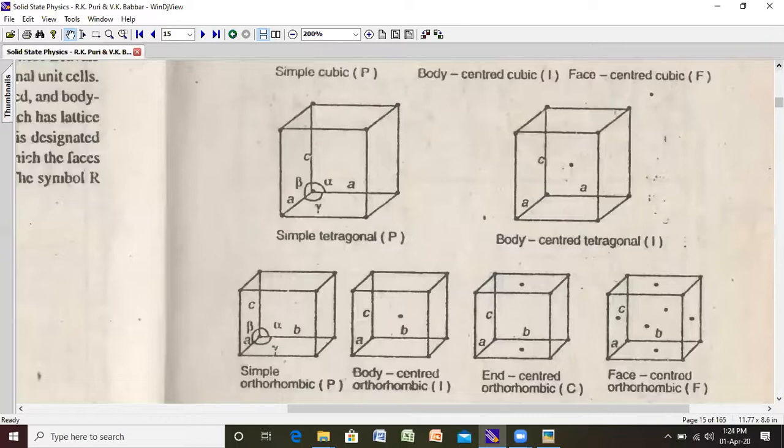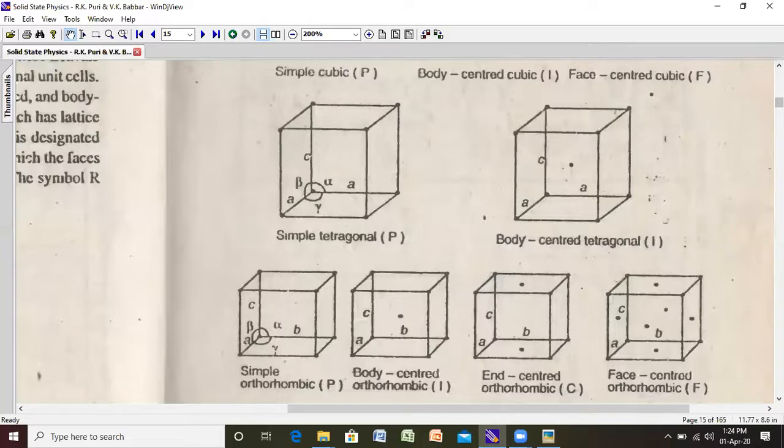So we do not need to consider that. The scientists have checked all the symmetries and all operations. At the end, they concluded that the Bravais lattice has only 14 types in 3 dimensions.